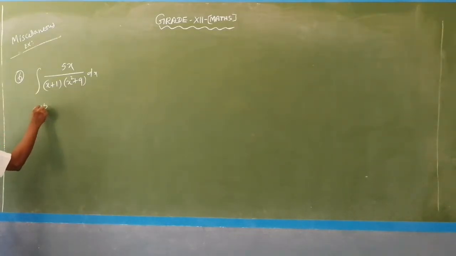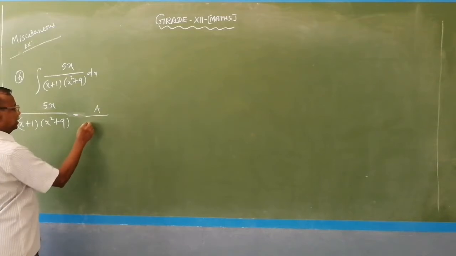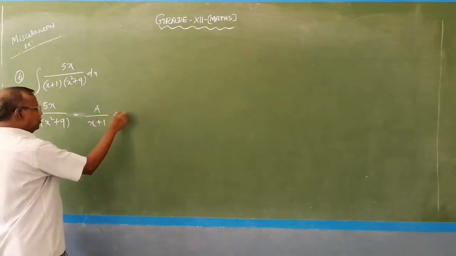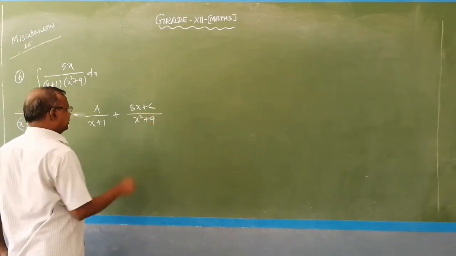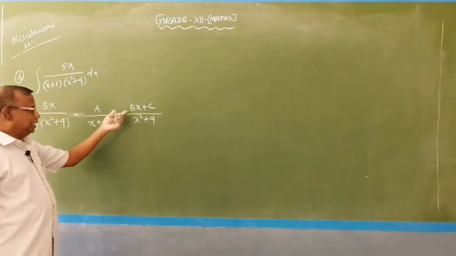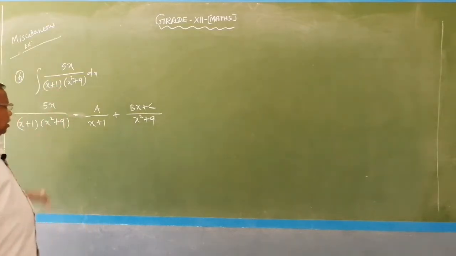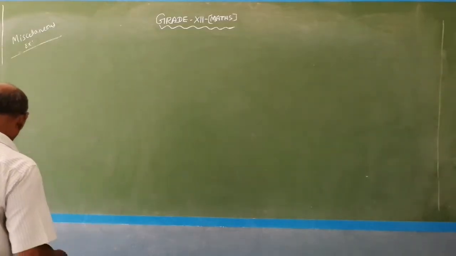Now 5x divided by x plus 1 into x square plus 9 is equal to a by x plus 1 plus bx plus c divided by x square plus 9. We have done some problems of the same type in the previous exercise. So, using the technique we can find the values of a, b, c and resubstitute them, and so you can simply solve this problem.